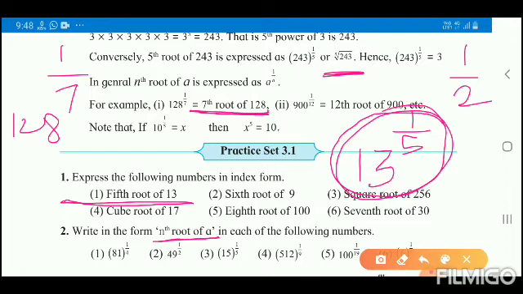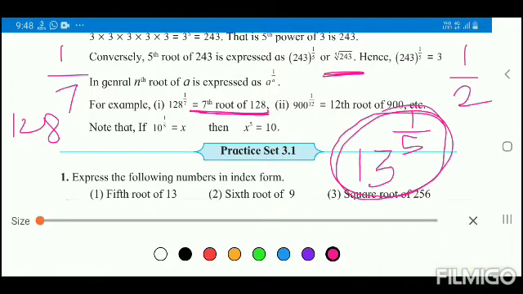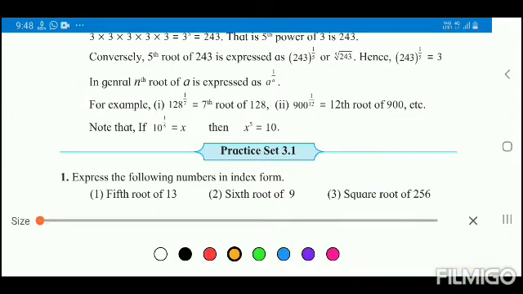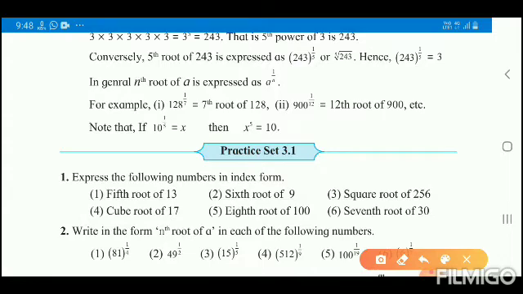Means 81 raised to 1 upon 4. What do you have to write here? Look, here 81 raised to 1 upon 4 we have to write in the nth root of a form. Then what will come? The 4th root of 81.